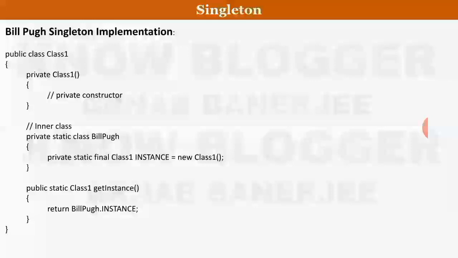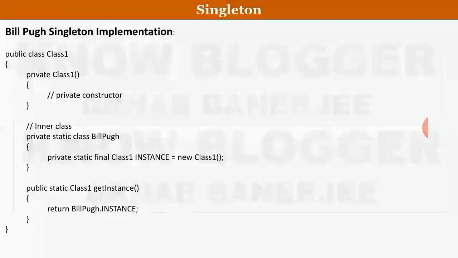So first, when class1 is loaded, the instance will not be loaded, because the instance is written under the inner class, and the inner class is not going to be loaded at the time when class1 is loading. So it is implementing the lazy instantiation, and whenever the getInstance method is called, only then the instance variable will be loaded, and only then the new instance will be created.